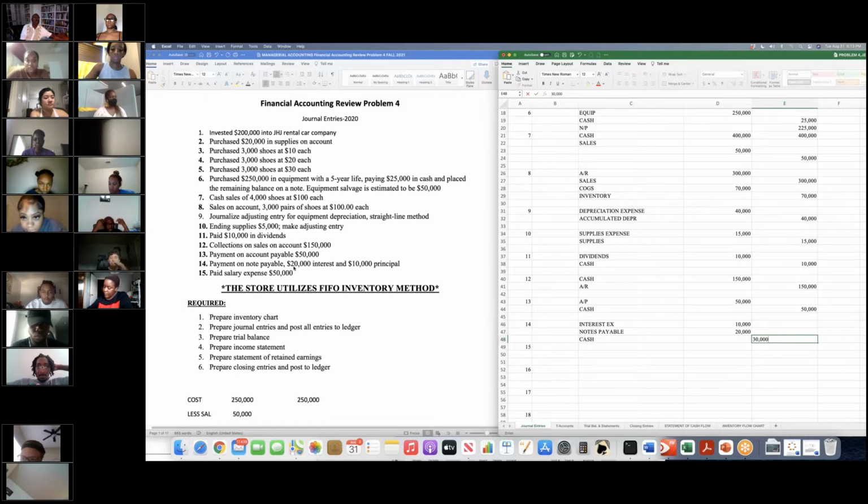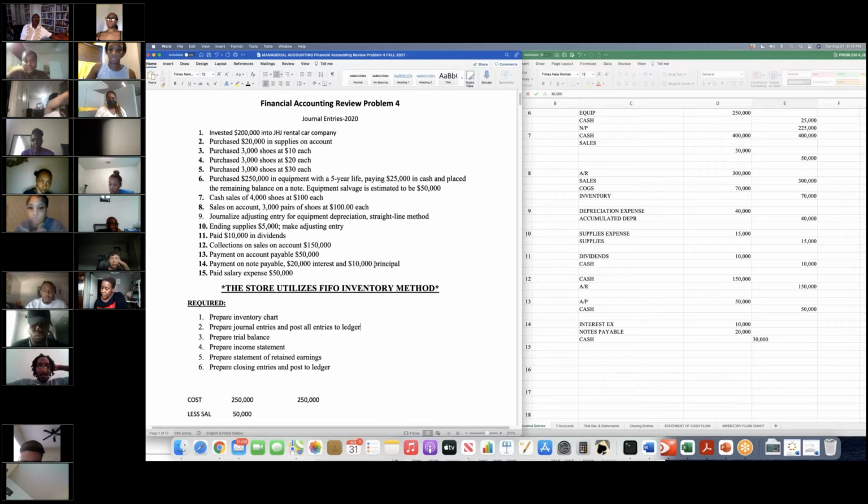Payment on note payable 20, interest. Yeah, it seems like they're saying 20,000 in interest and 10,000 in principal. However y'all interpret it. Okay, 20,000 interest, 10,000 principal. You reverse it.